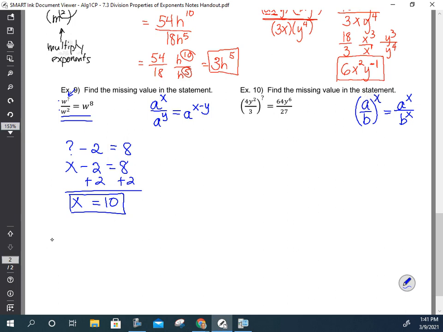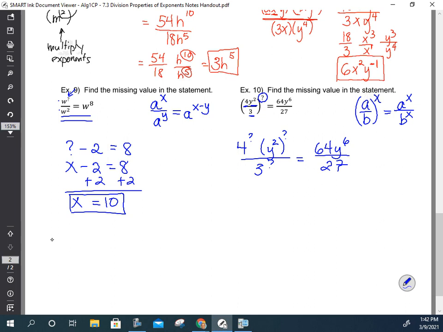So notice in this problem you have 4, y squared, and a 3 all being distributed to an exponent that we don't know. So we have 4 to the question mark power, y squared to the question mark, over 3 to the question mark, equal to 64 y to the 6 over 27.